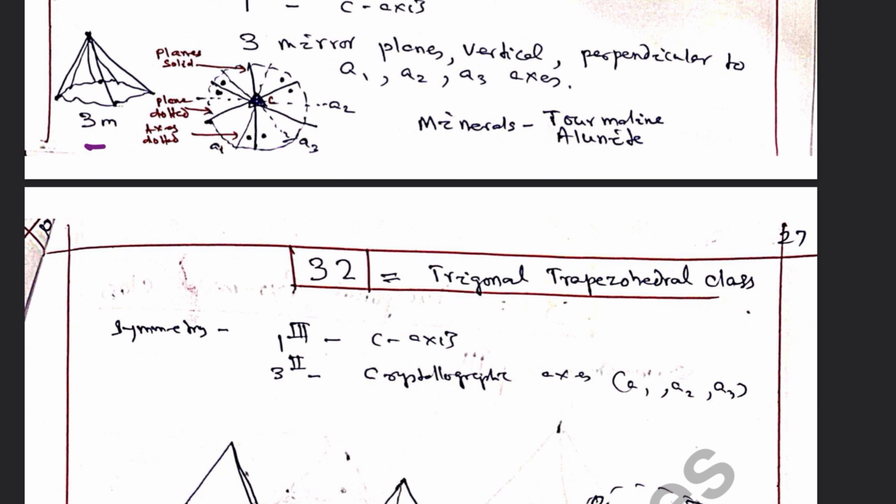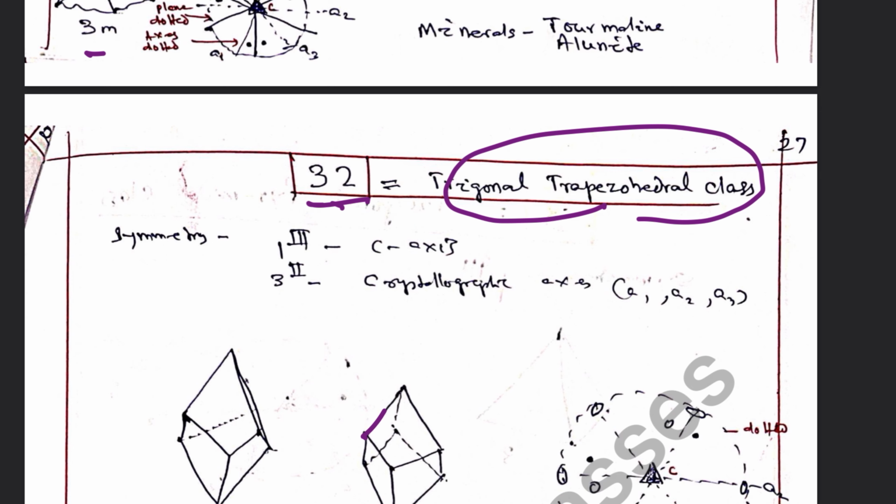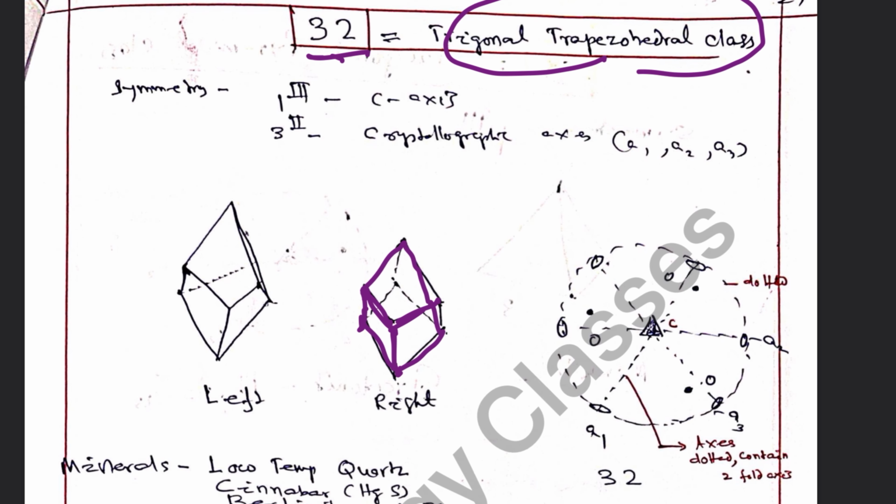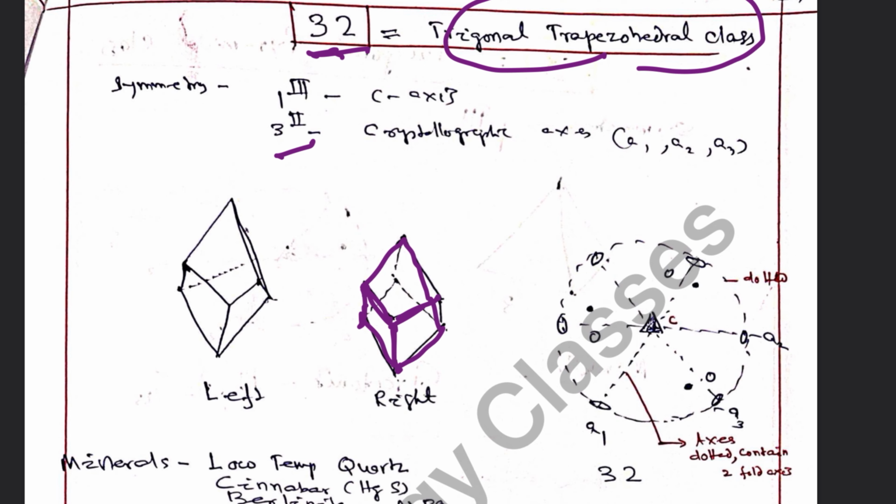In case of 32, it is trigonal trapezohedral class. Each face is a trapezium, trapezoid-like face. So here one axis of 3-fold, 3 axes of 2-fold. 3 are the axes parallel to the crystallographic axis, 3 axes of 2-fold, and 1 axis of 3-fold.